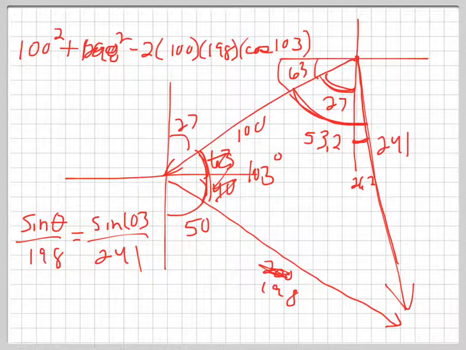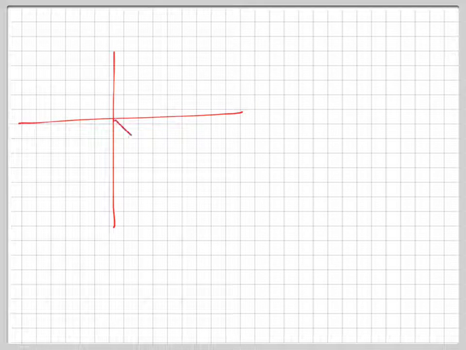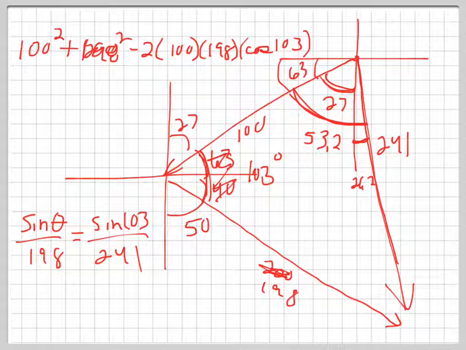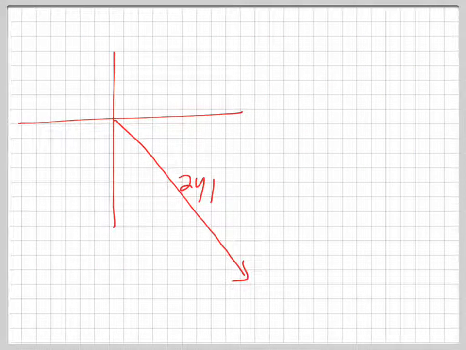So let's see. I'm going to try to remember that. 241 at 26.2. So I'm going to draw a grid. I'll draw it a little bit better now. 241, is that what it was? 241, yes. At, what was the angle? 26.2 degrees. That's the angle in here. Okay. Good, that's what we got.